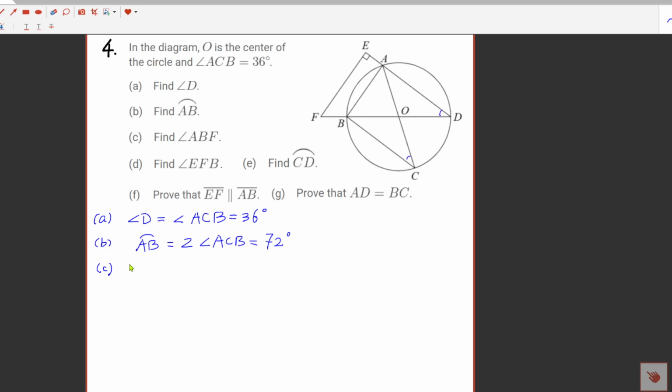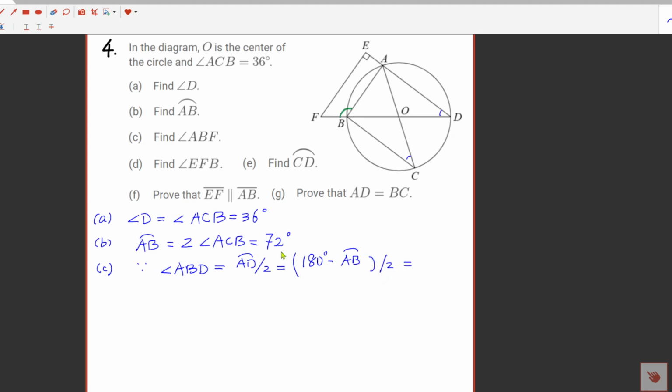Okay, question C. Find angle ABF. So ABF is here. So we know that angle ABD can be calculated using arc AD over 2, right? So that is 180 degrees minus arc AB, then over 2.